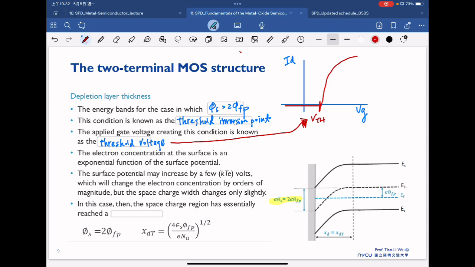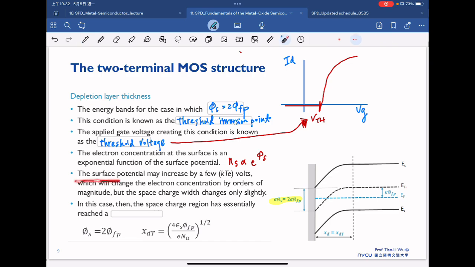The electron concentration at the surface is an exponential function of the surface potential, so our ns is proportional to exponential phi s.